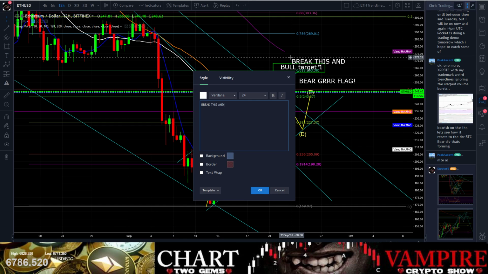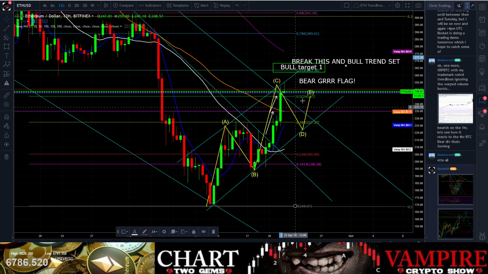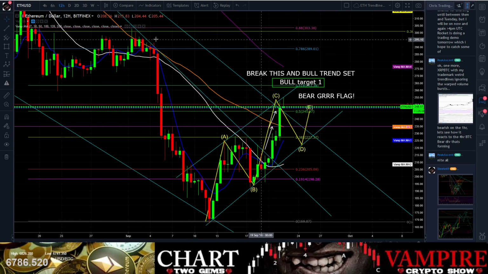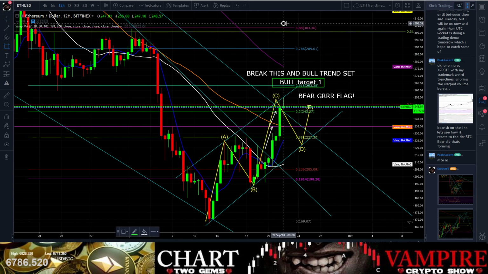Break this and bull trend set. Right, so you break this and your bull trend is set, and then you guys know your top targets. Your top targets are $300.